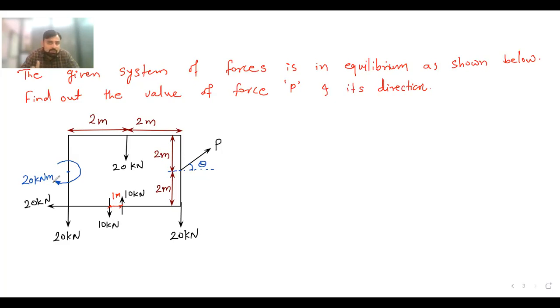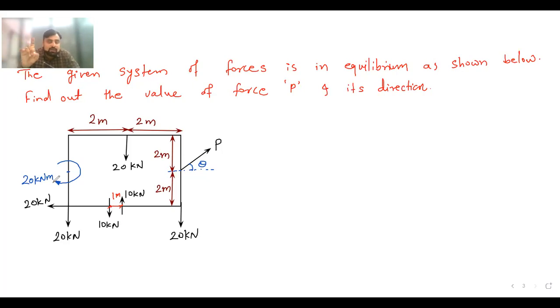It is not parallel to x, not parallel to y, nor is it inclined. So this is not a force. This is a moment. So in summation Fx and summation Fy, you should not consider this 20 kilonewton meter because it is an externally applied moment. A direct moment is given to you, so it is not a force. And our equation, summation F, stands for force, so don't consider moment in that equation.